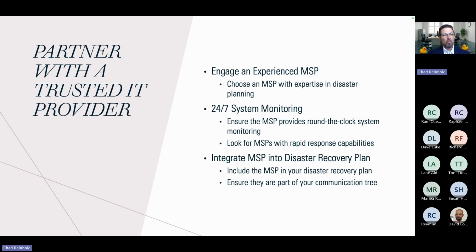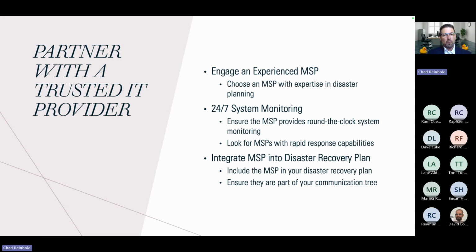And you want to make sure that maybe they have a virtual CIO process in place, where there is someone on their team that is talking to you, working with you on a regular basis, and that disaster recovery, disaster planning is something that you hear coming from them on a regular basis. That's a good thing. You want to make sure that they are taking an active role in helping you with that.